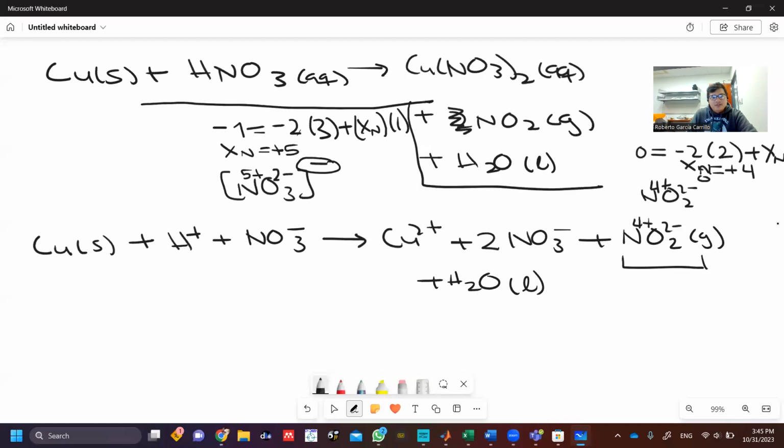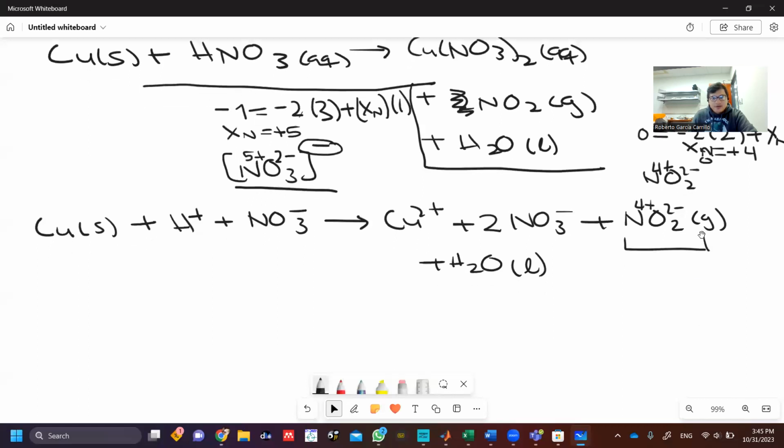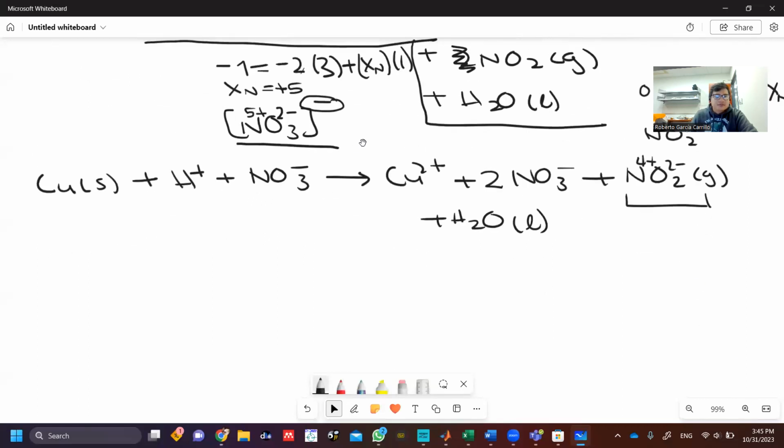And we can see that the nitrogen in this ion goes from a charge of 5+ to a charge of 4+. Or in another way of saying it, it's changing its oxidation state from 5+ to 4+. On the other hand, copper goes from 0 to 2+.